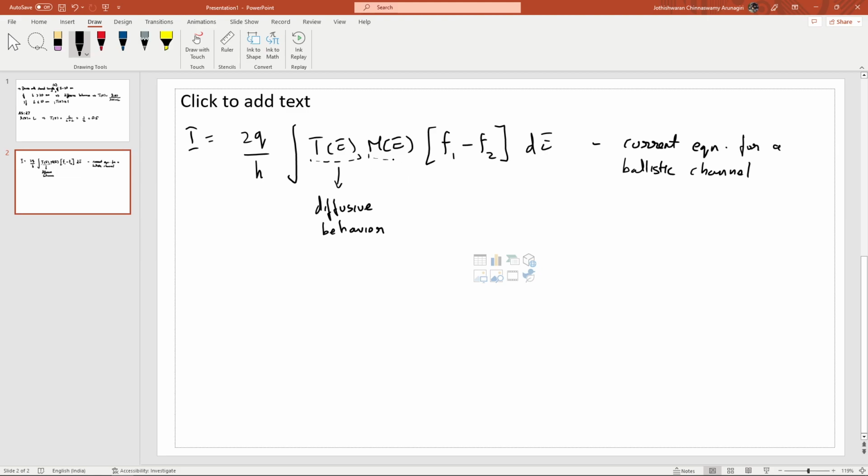M of E is, so can anyone tell me what M of E represents? Like, what leads to the formation of modes? Anyone? Am I audible?